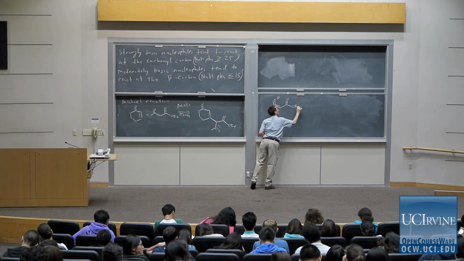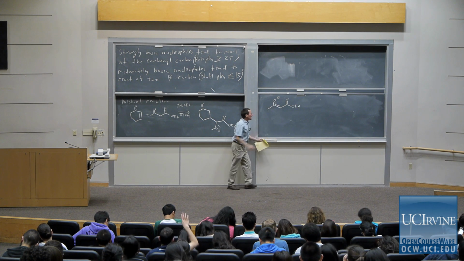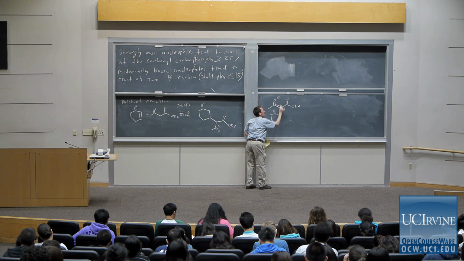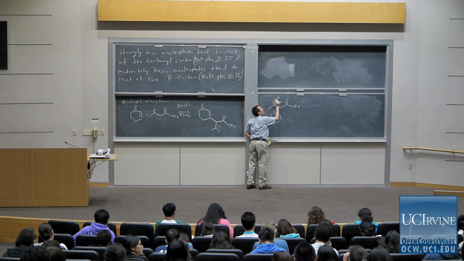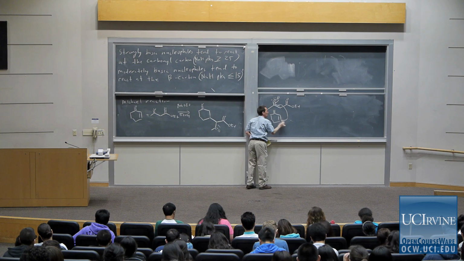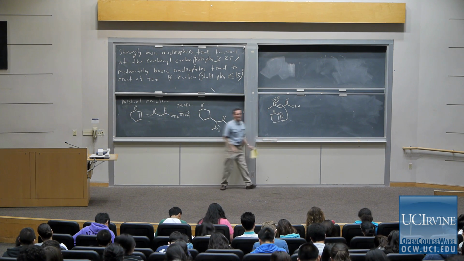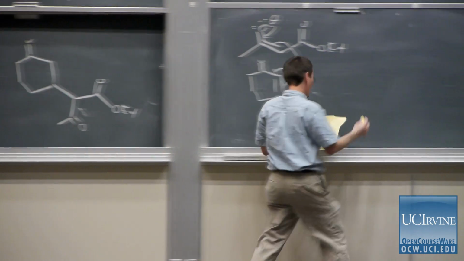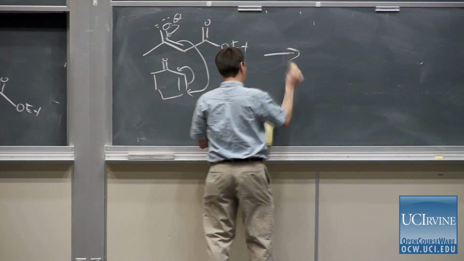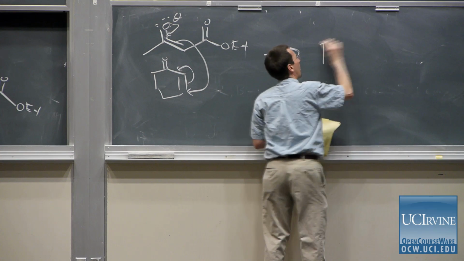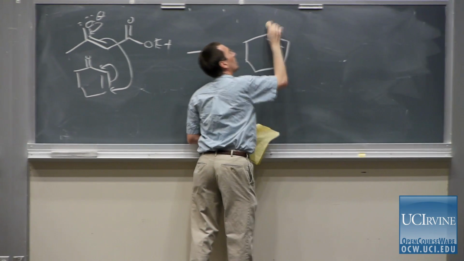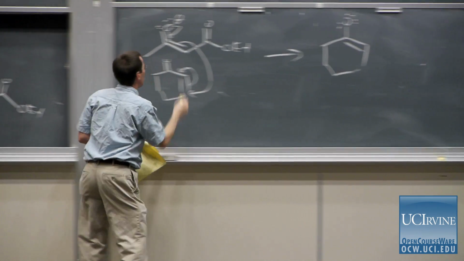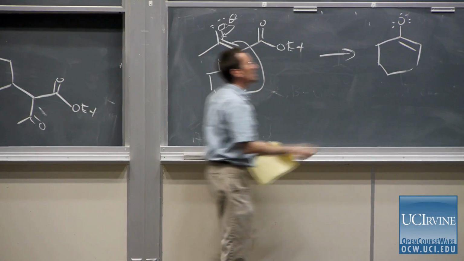We generate the enolate. The enolate can add in to the beta position of the alpha beta unsaturated carbonyl compound. So we push electrons up onto the oxygen.